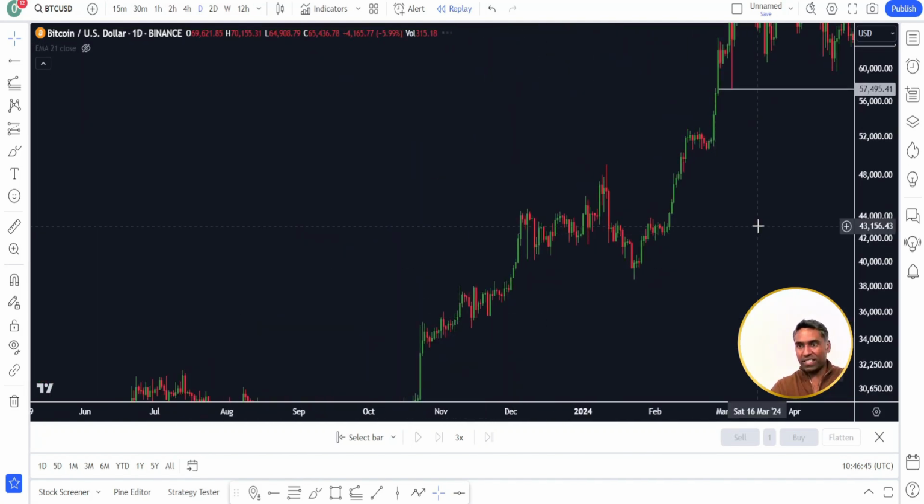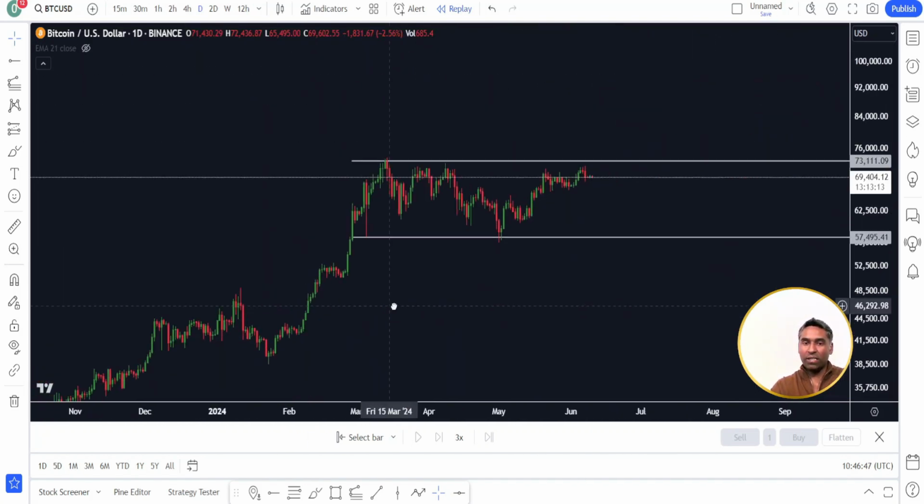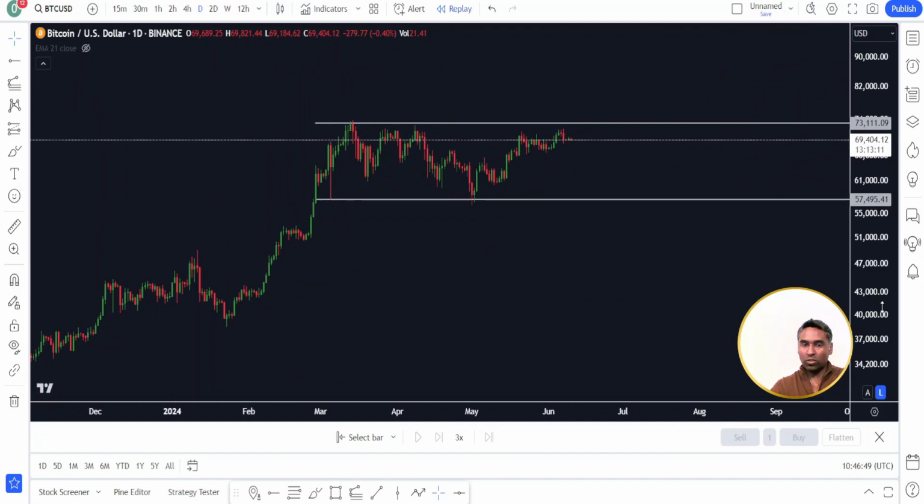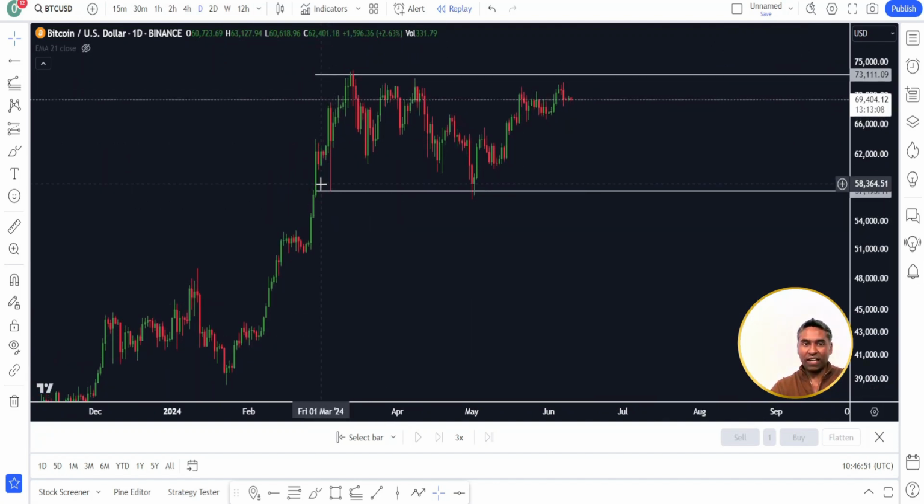See, the price is trending upward, and my job is to draw my support and resistance according to the trend. So the trend is up. I would draw levels on this area where it's a high and it's a low. And what I will do, I will buy here. I will not sell here. I will observe. If I'm trading, I will sell here, and if it breaks, I will buy again.